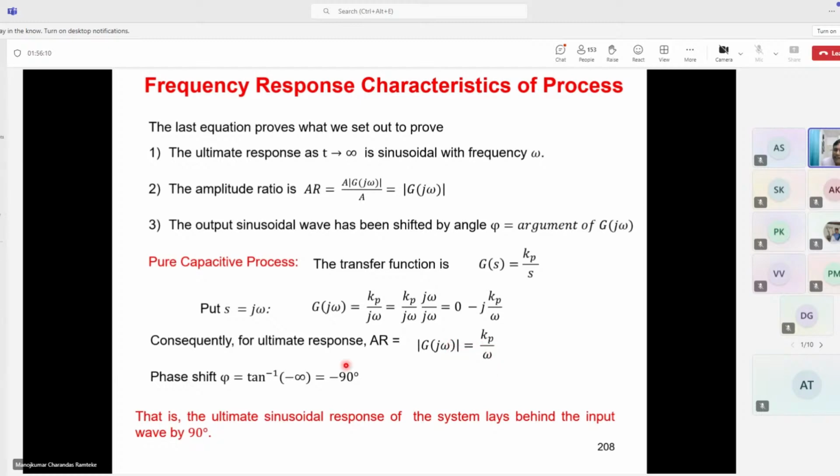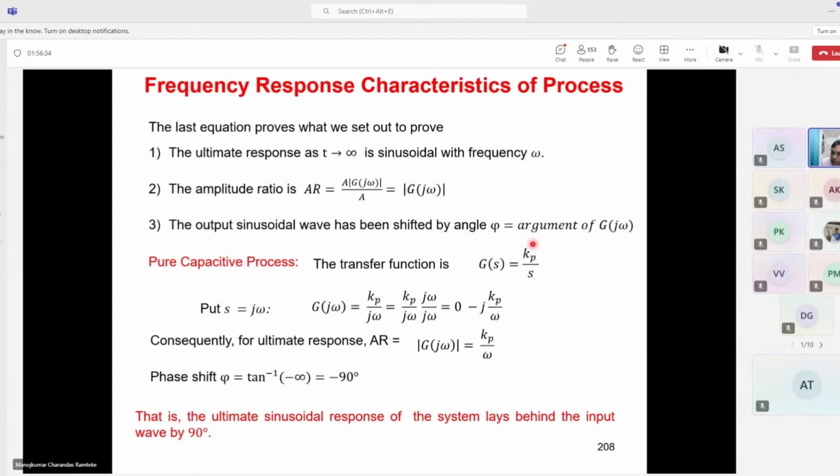And what will be the phase angle? Imaginary part by real part. The imaginary part is minus Kp by omega, the real part is 0, so that is minus infinity. Tan inverse of minus infinity is minus 90. So whenever I have a pure capacitive process, my amplitude ratio is Kp by omega, whereas my phase shift is minus 90 degrees.